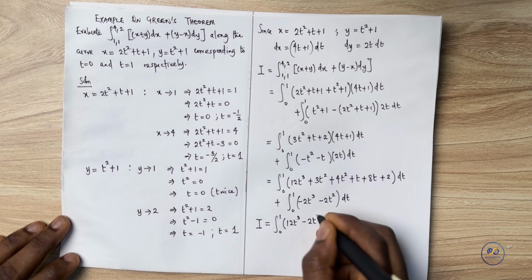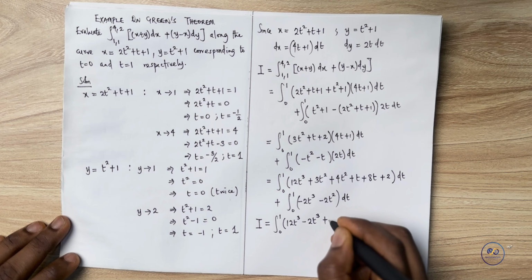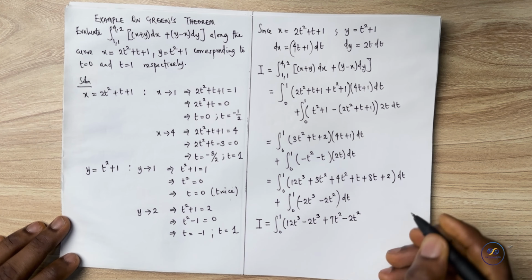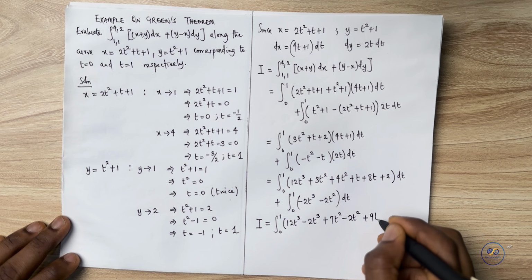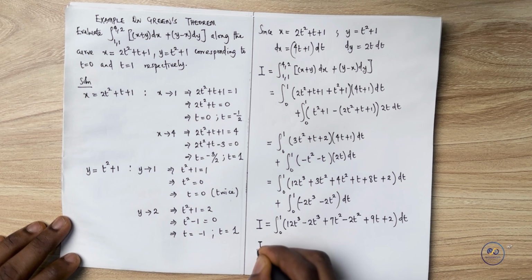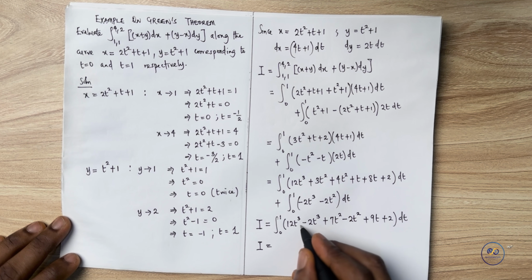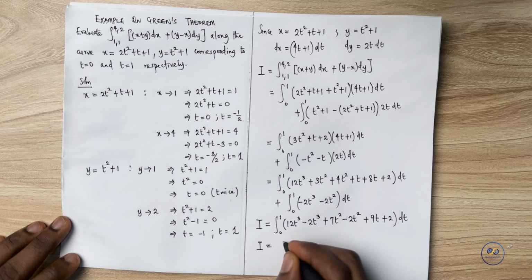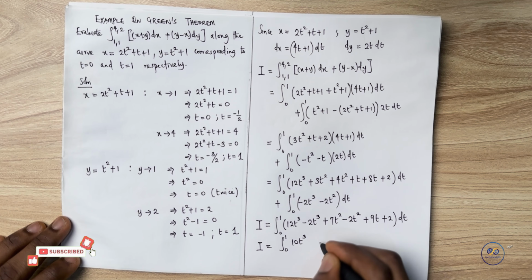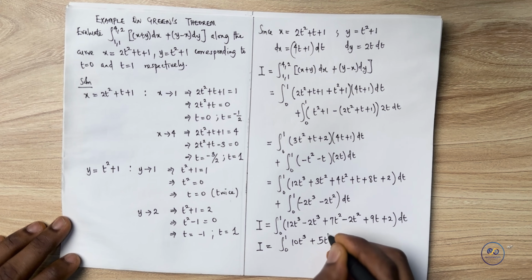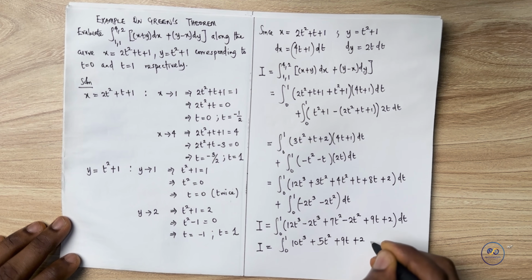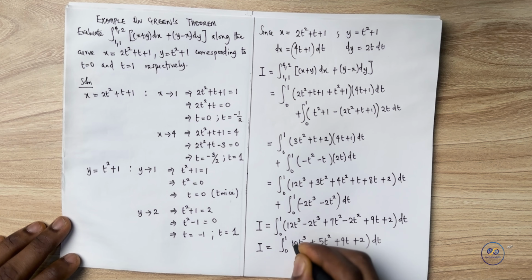Minus 2t cubed, plus 7t squared minus 2t squared plus 9t plus 2 dt. So I will be equal to the integral from 0 to 1 of 10t cubed plus 5t squared plus 9t plus 2 dt.